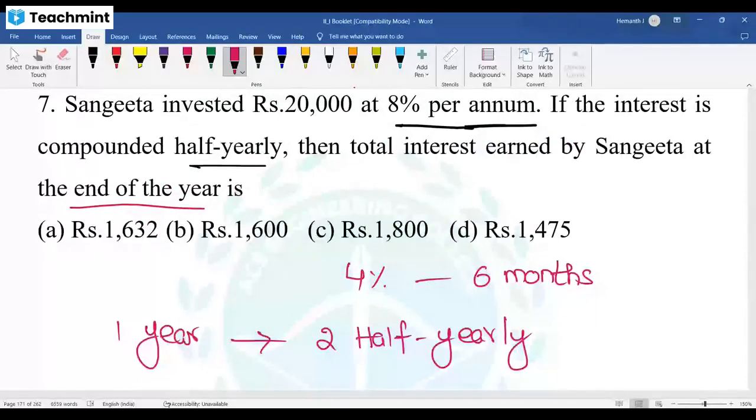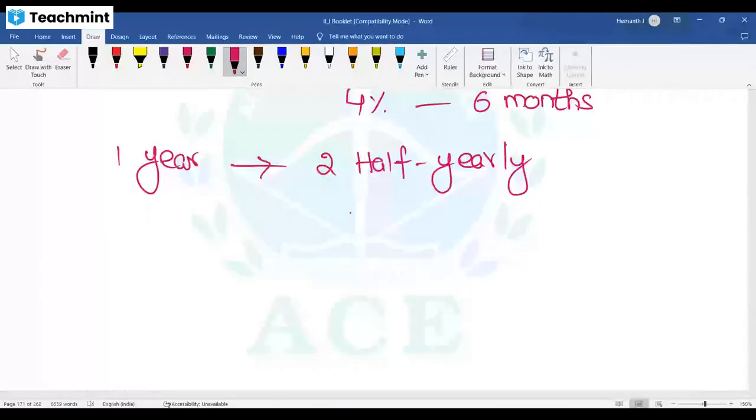What is the investment here? 20,000. Investment is nothing but called principal. Principal is 20,000, right? I'll give two methods. The first method is recommended only when you are going with a calculator alone. The second method works without a calculator also.